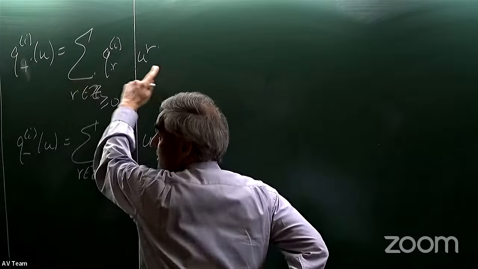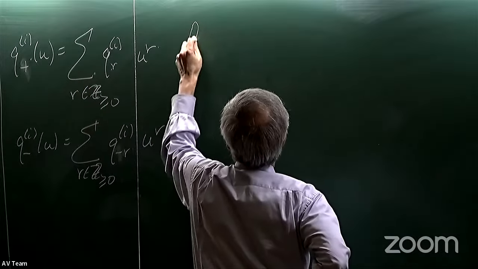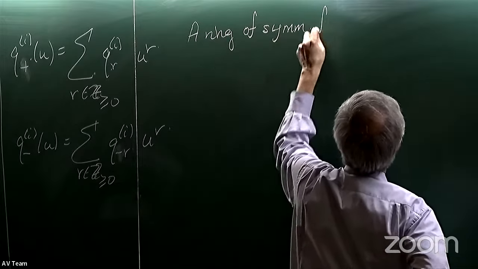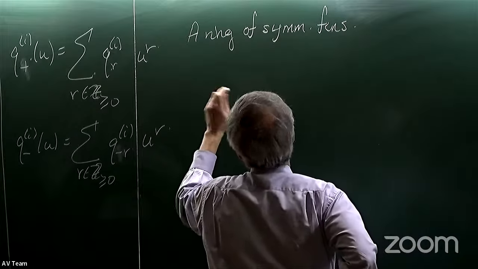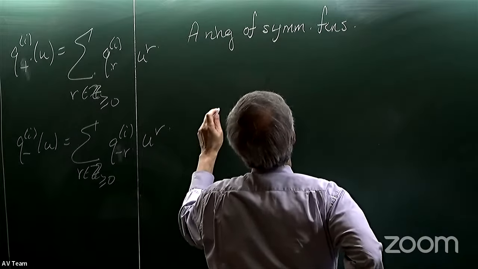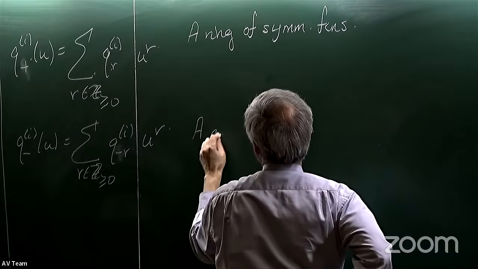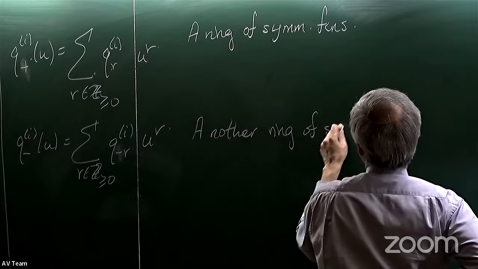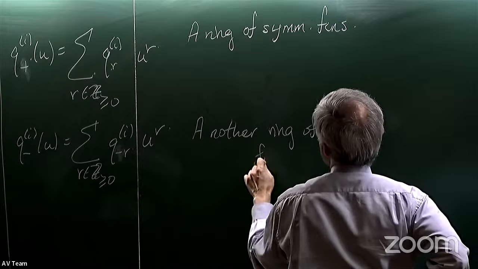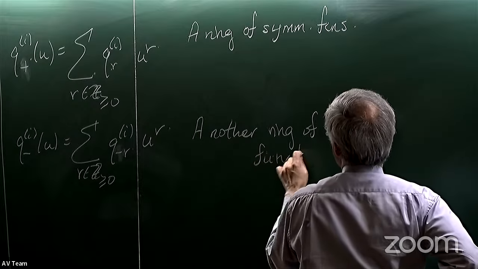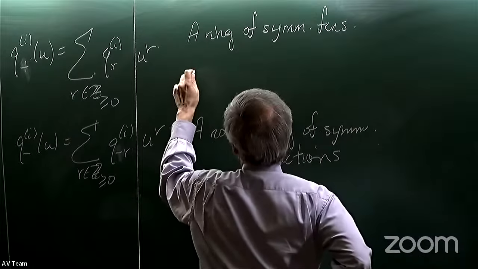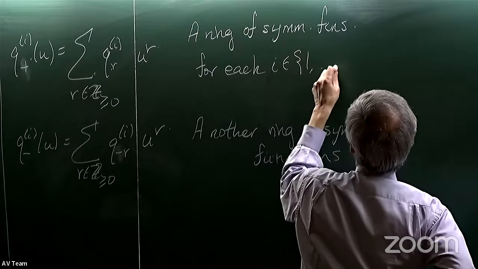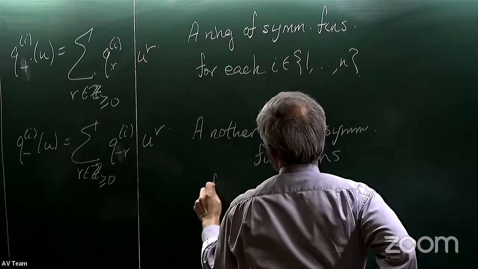And these q's, we should view them as a ring of symmetric functions, and this is another ring of symmetric functions. And we have one such ring for each i in 1 through n.